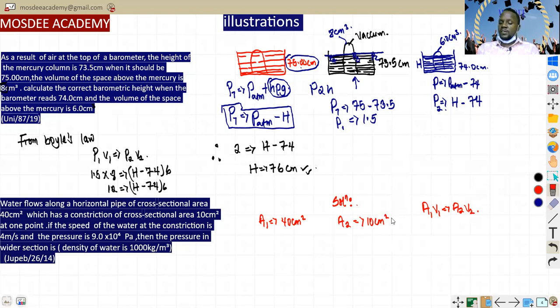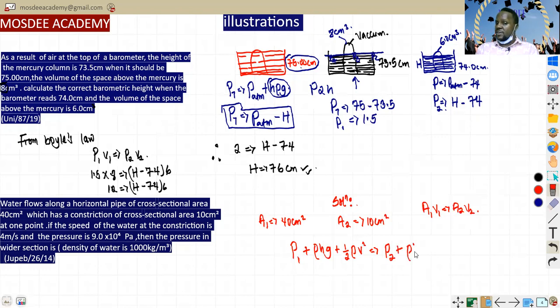And having done that, you now come to the Bernoulli Principle, which says the first one is P1 plus, the pressure in the fluid from energy conservation. Don't worry, I will explain all this. Then you have plus half rho V1 squared equals the second one, P2 plus rho gh.